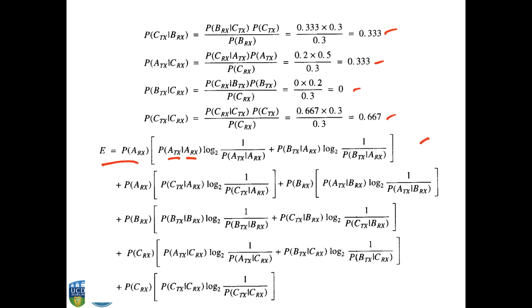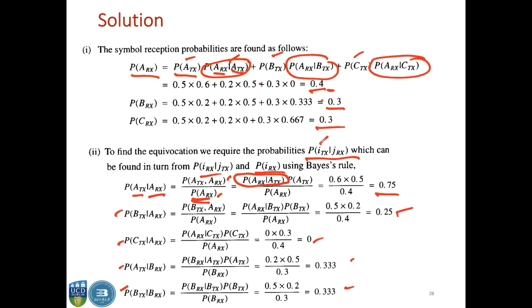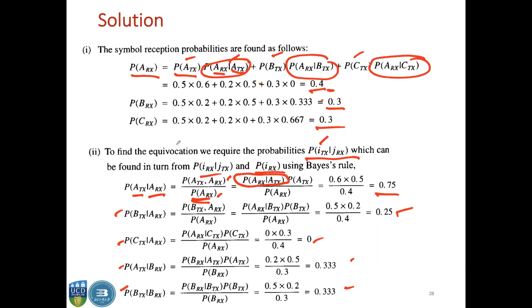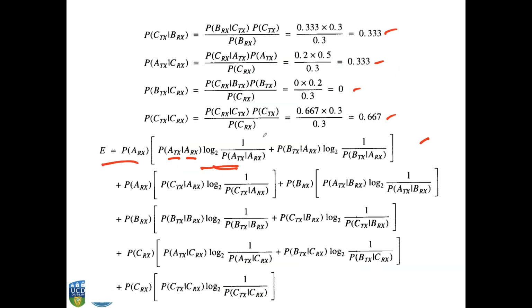So these are the no error terms, or in other words, these are the E double dash terms, and these are the error terms, so these are the E dash terms.